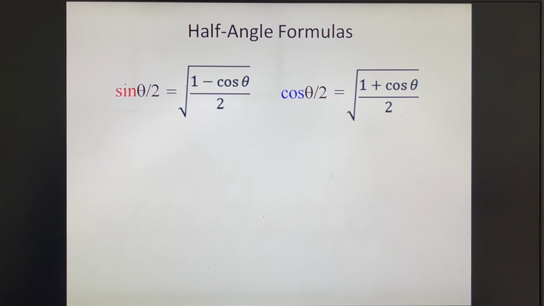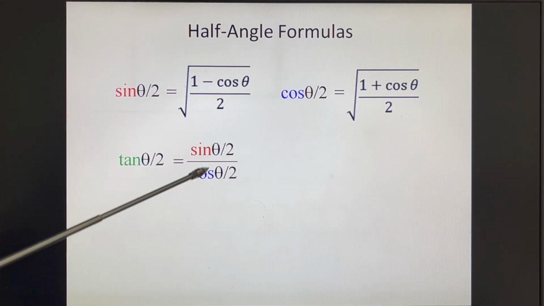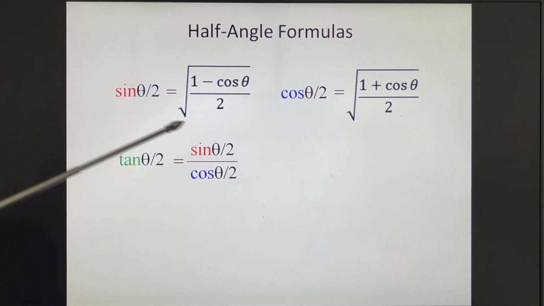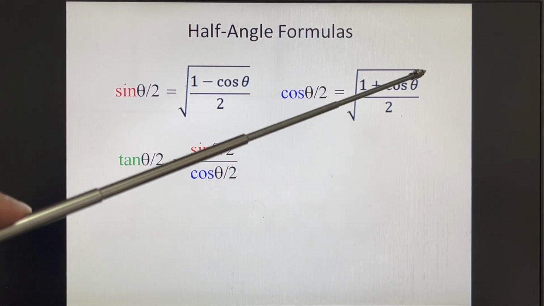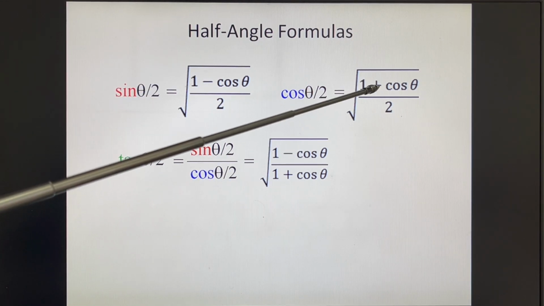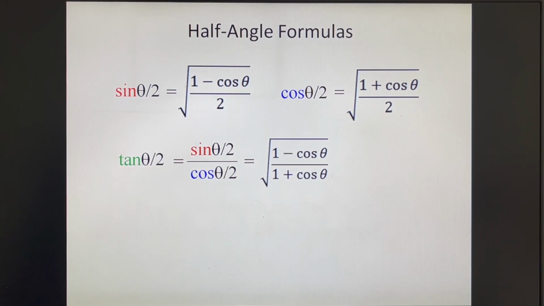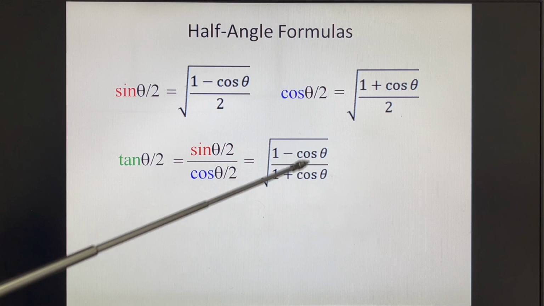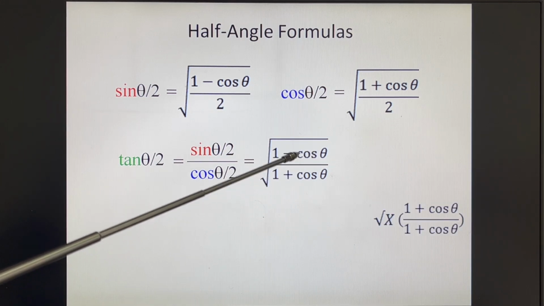And tangent half theta equals sine half theta divided by cosine half theta. We divide this by this. We get square root of 1 minus cosine theta over 1 plus cosine theta. Many people, including me, don't like square root. So we do some operation, try to get rid of the square root. We multiply by 1 inside.